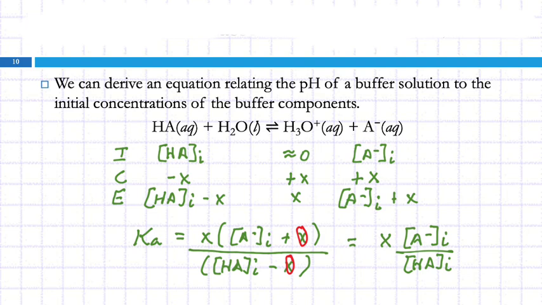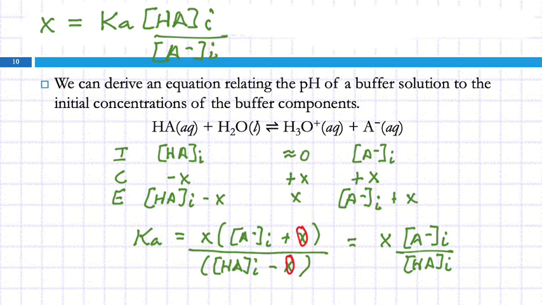And I'm going to rearrange it. So to get X by itself, I'm going to multiply both sides by HA and divide by A minus. So I get X is equal to Ka times HA over A minus. Then I'm going to take the negative log of both sides.